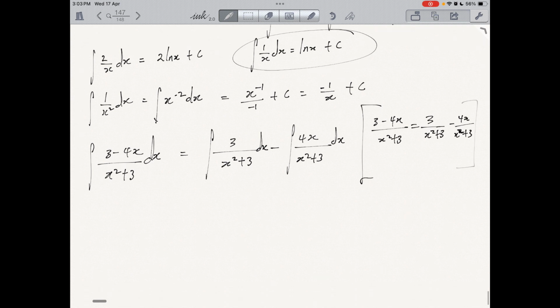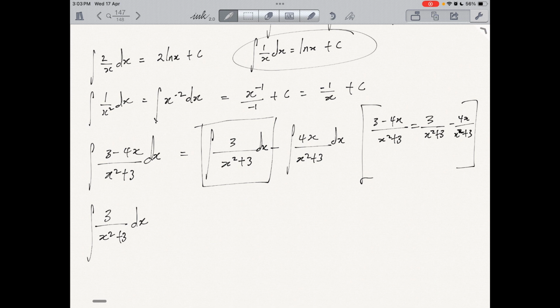Now with this done, we can integrate each term again separately. So let's begin with integral of 3 over x squared plus 3 dx. Now let's recall in our video of integration using substitution of x is equal to a tan theta.